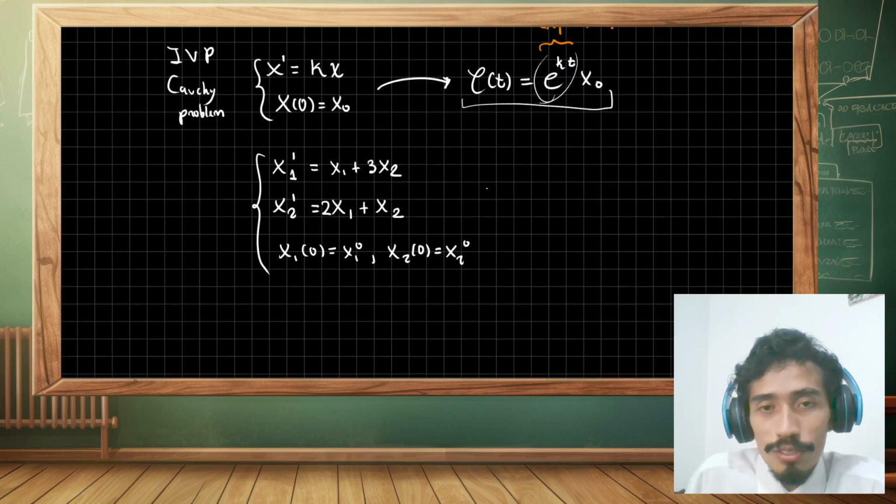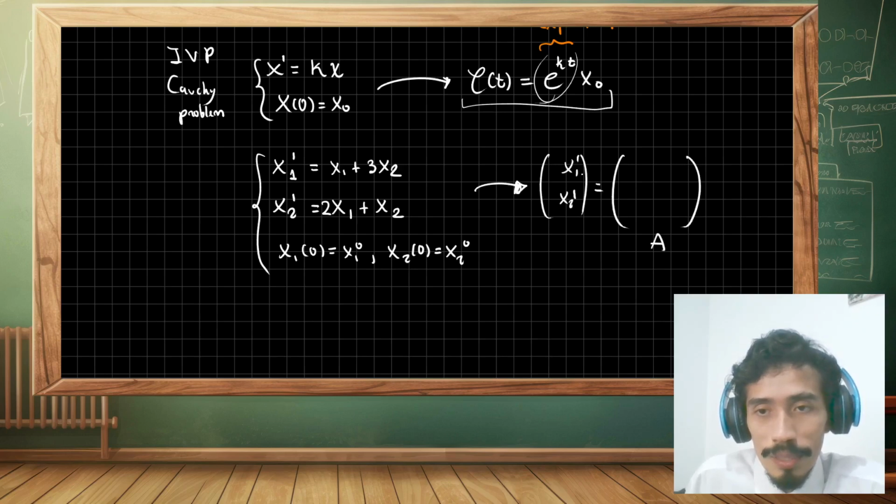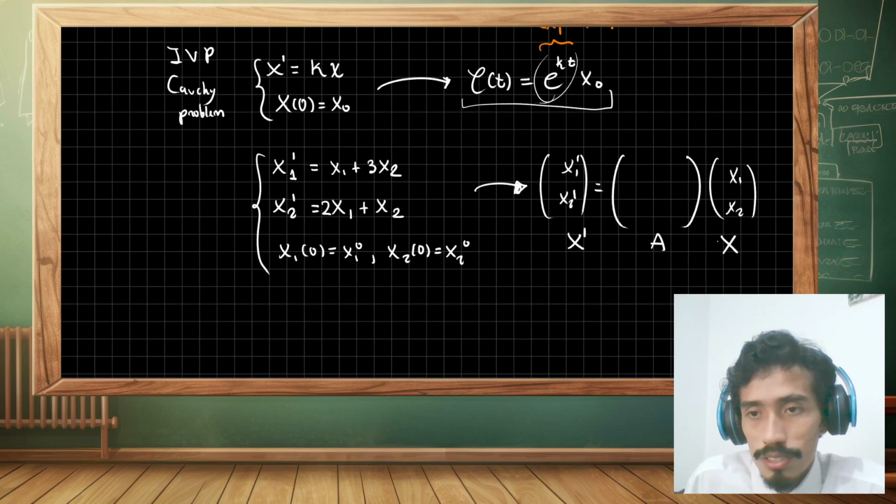Then to apply this exponential of a matrix, of course, you need to define a matrix. So the obvious step is to write this in its matrix form, like this, times a matrix A, let's say A. This will be the derivative of a vector, which is x, equal to the matrix A times x, and the matrix A will be 1, 3, 2, 1, of course.